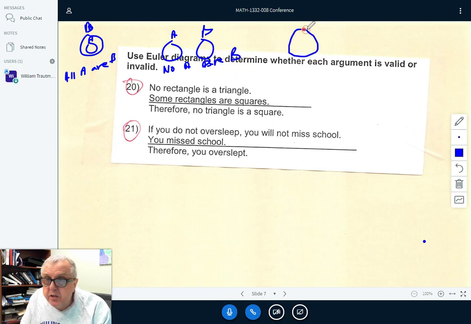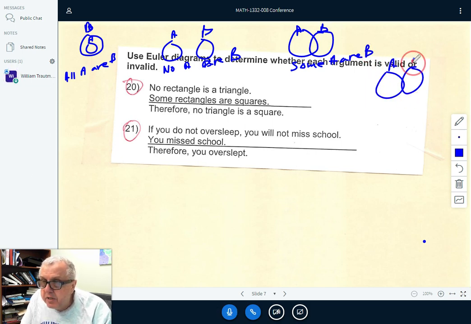Then there was another picture, A and B, and some A's are B's. And then there was another picture to explain this area here, and no A are B's. This area here, those are not in B.